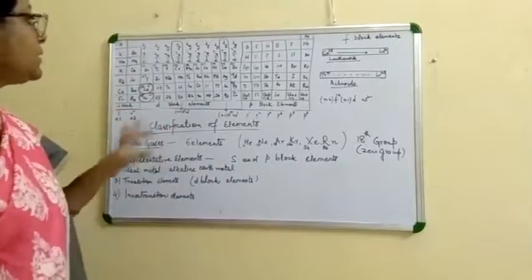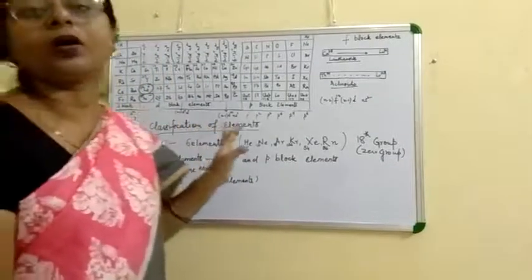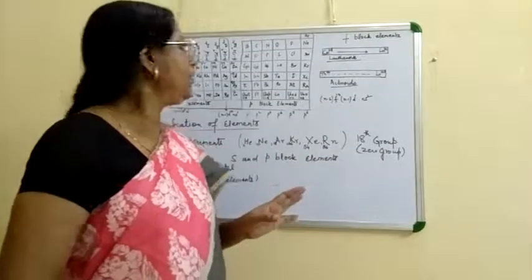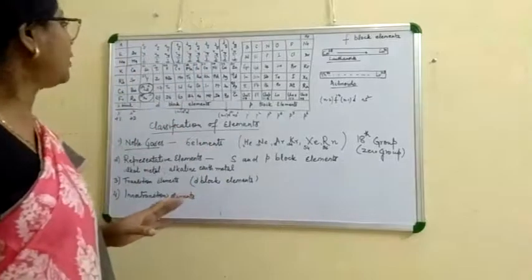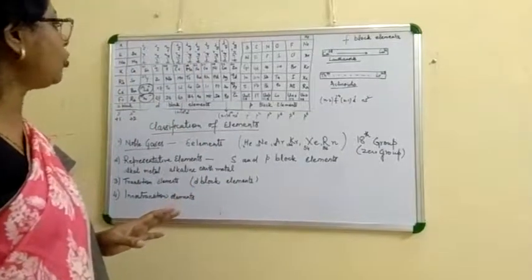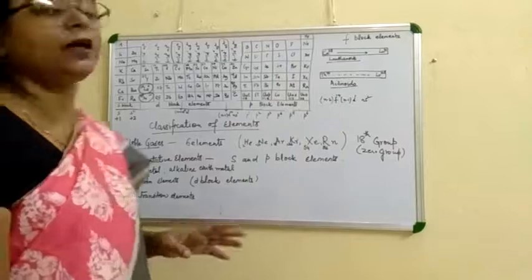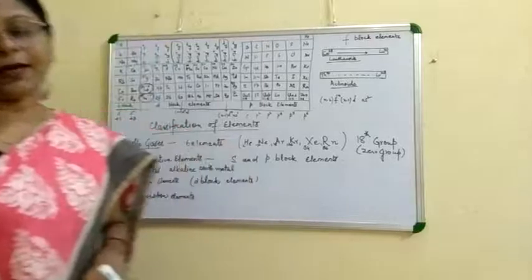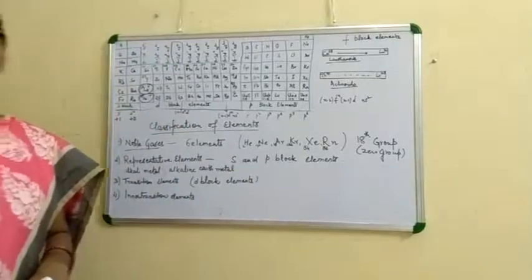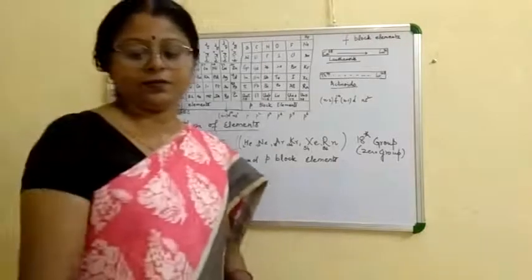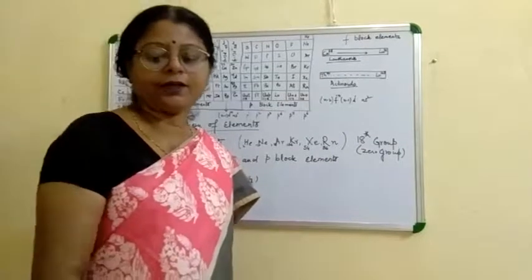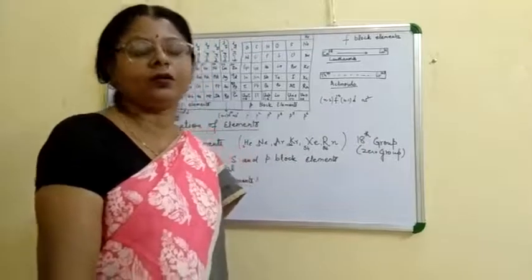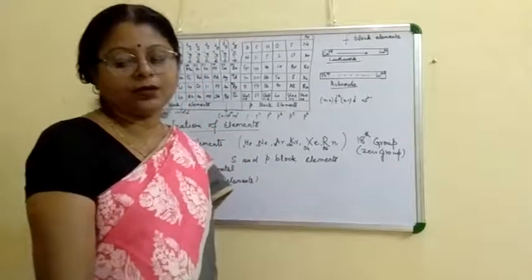Next, the d block elements or transition series elements form colored ions, as chromium, manganese, iron, cobalt, copper all form colored ions. They show variable valency and exist in several oxidation states. They are very good catalysts and they form coordination or complex compounds.